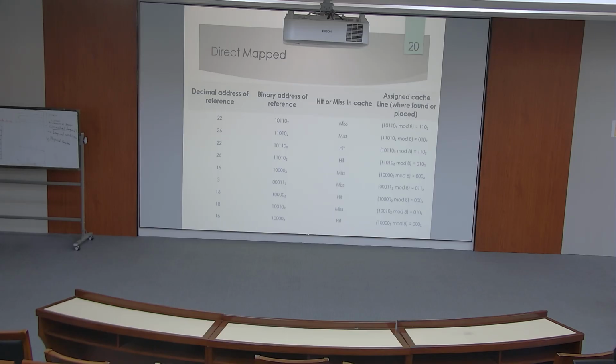We have our block number 22 from the main memory. Since we have 8 cache lines, 22 mod 8 is 6. So that means block number 22 from the main memory will be loaded into cache line 6.